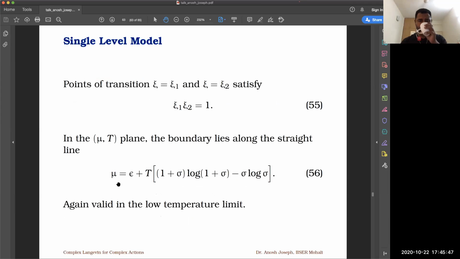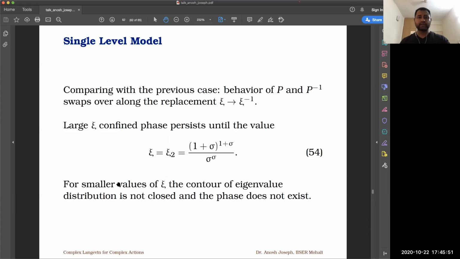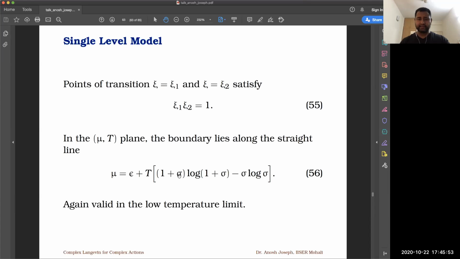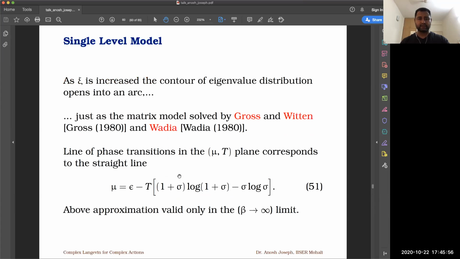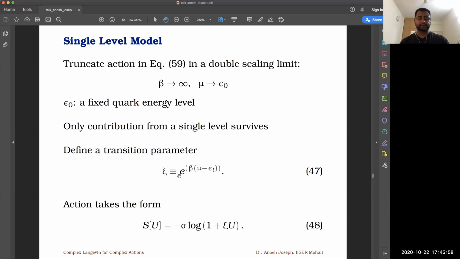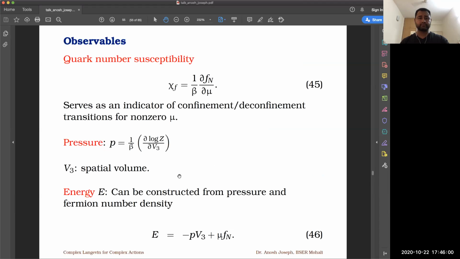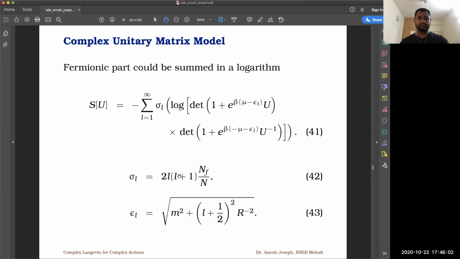Let me check. nf is part of sigma, I think, in the definition. So sigma is nf over n, so it appears as the ratio. Okay, right.